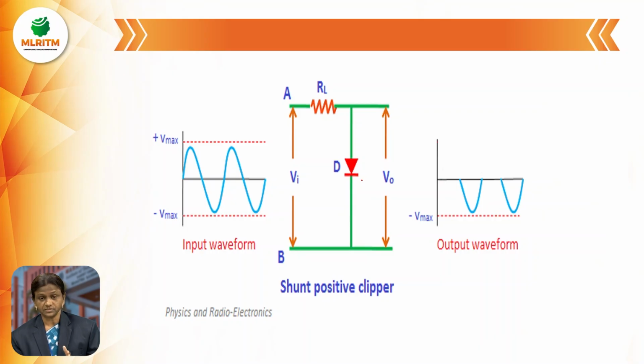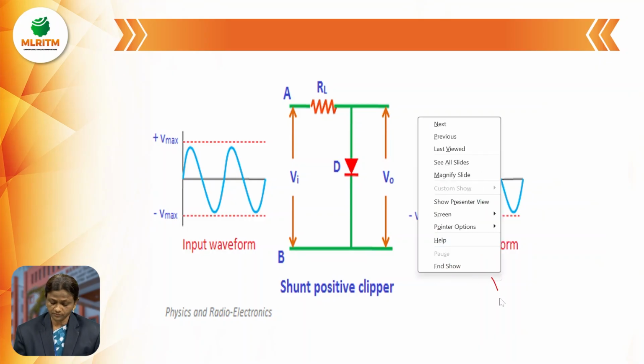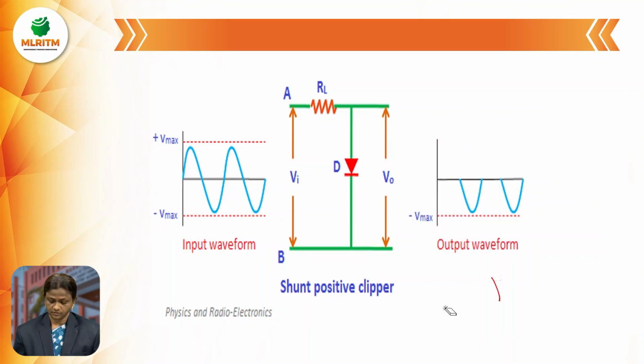But in shunt or parallel connection, when diode D is in forward bias, it acts as an open circuit. Whenever it acts as an open circuit, current equals 0. Whenever current equals 0, the corresponding output V naught equals 0.